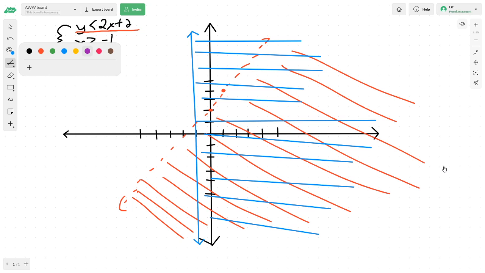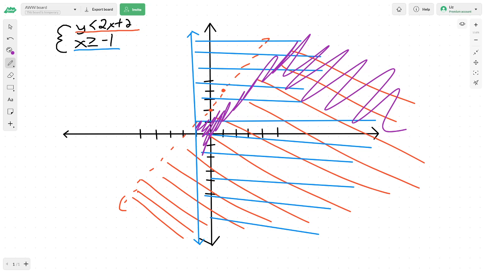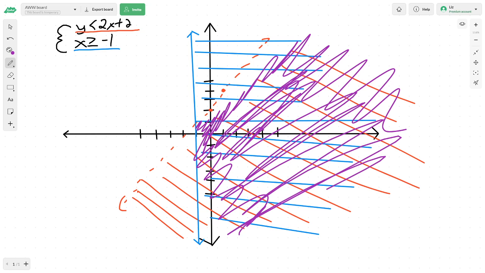So my solution is actually going to be wherever these two lines and shaded areas overlap. So my solution is actually going to be this whole area here. That is my solution.